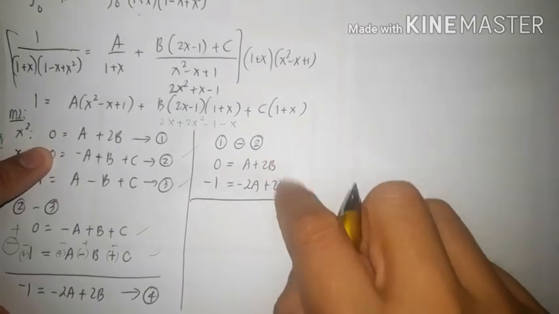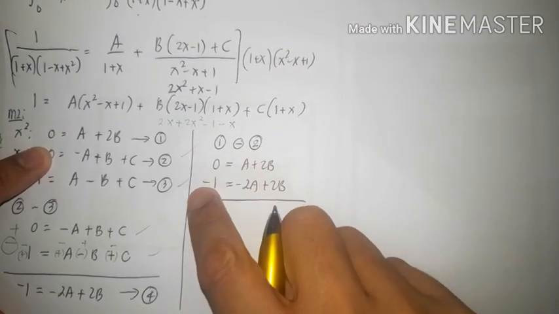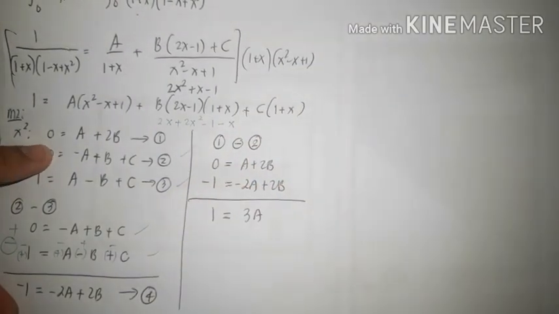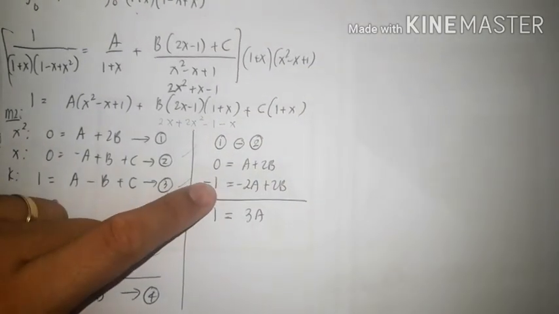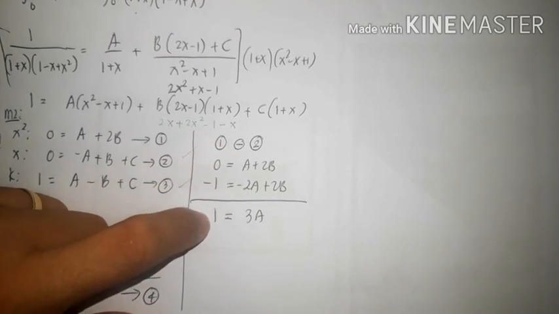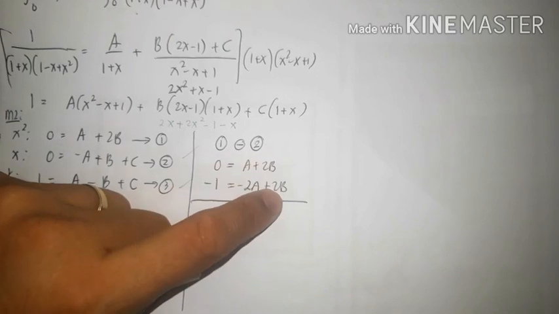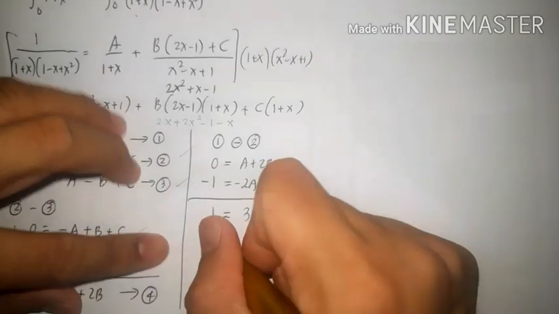Subtracting, the 2B cancels out. So 0 minus negative 1 is positive 1 equals 3A, because we changed the sign of the subtrahend. Positive 2A plus A is 3A, then 2B minus 2B is 0. Then A is 1/3.